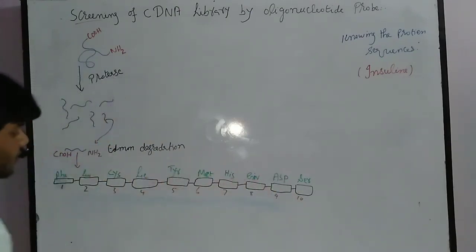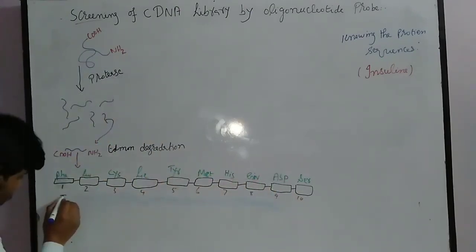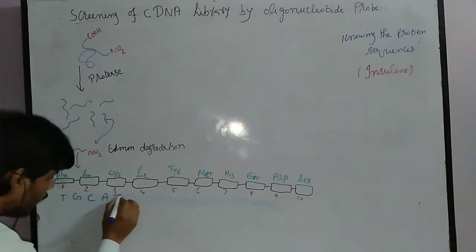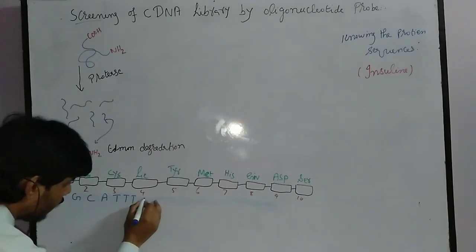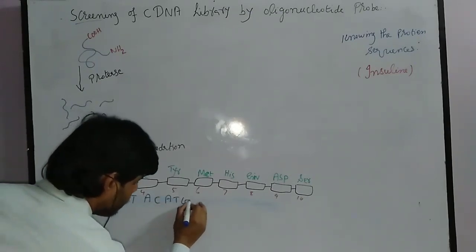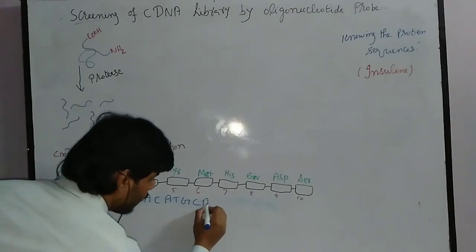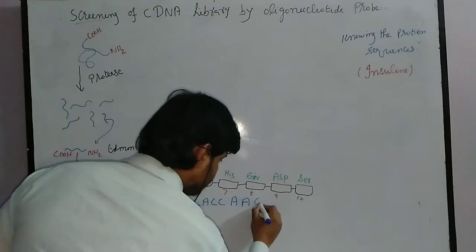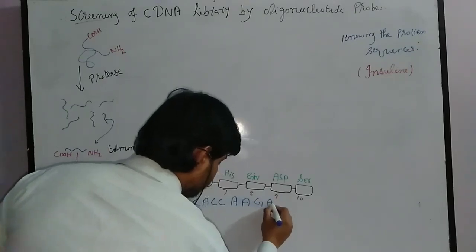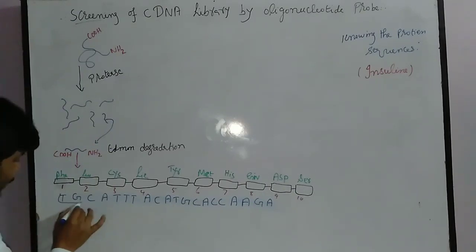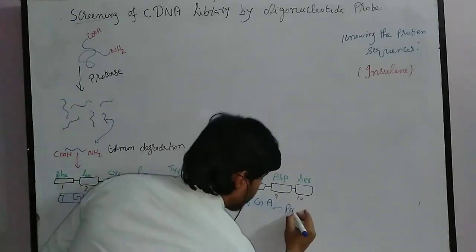Let's suppose in this case we know T, G, C, A, T, T, A, C, A, T, G, C, A. So now these are the possible DNA sequences, as you can see.